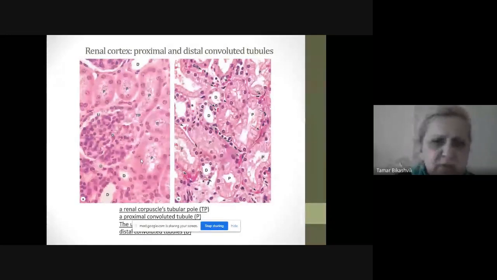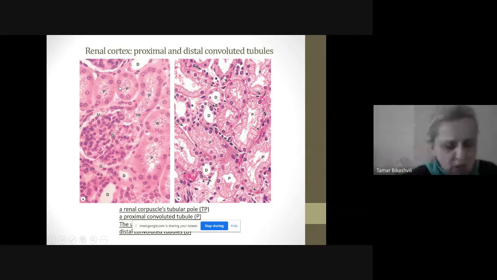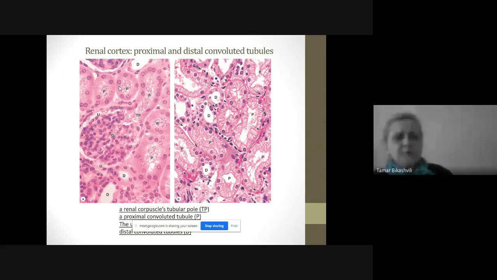The proximal convoluted tubules, in which pole are they located? In the tubular pole. So what proceeds here? Reabsorption.